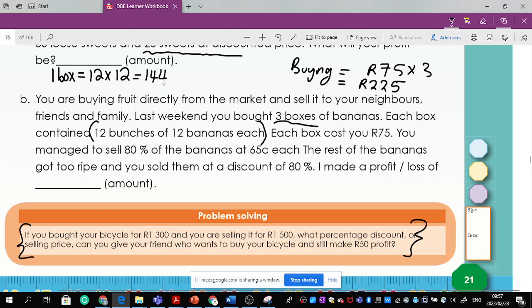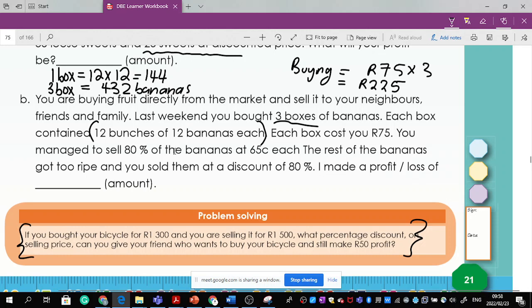Yes, for 1 box, we have 144 bananas. What about 3 boxes? How many bananas do we have? It's 144 times 3. What do you get? 432. 432 bananas.